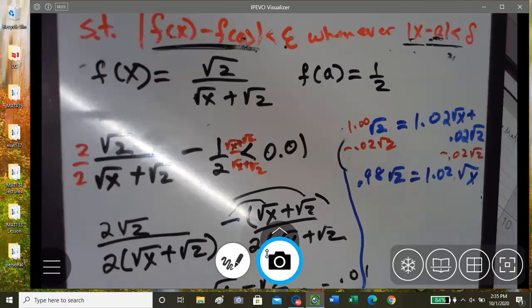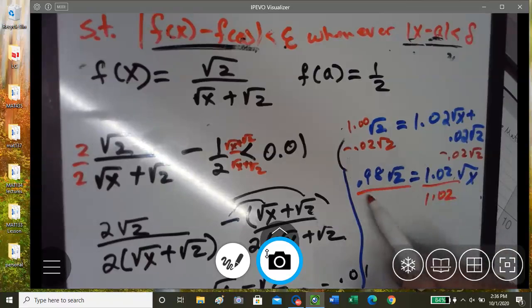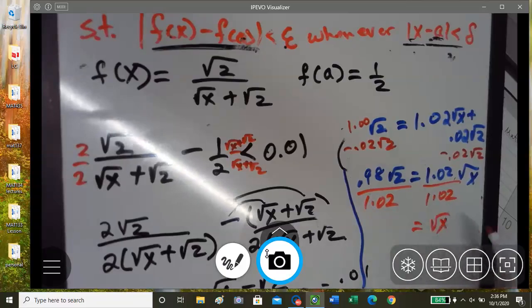Okay, so now we can divide 1.02 to both sides, and we get the square root of x equals to 1.04.